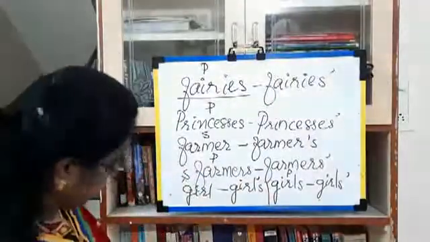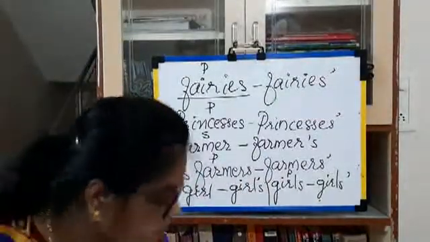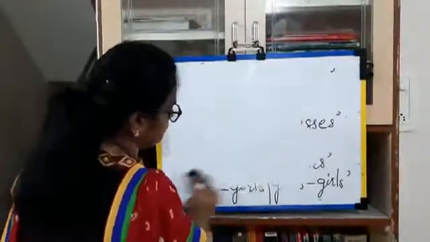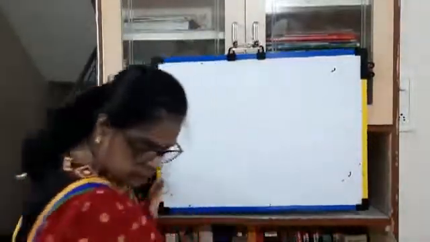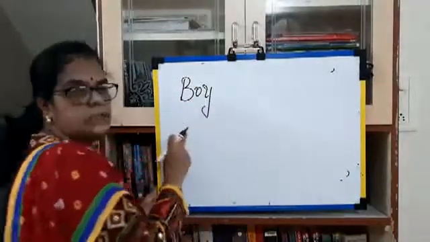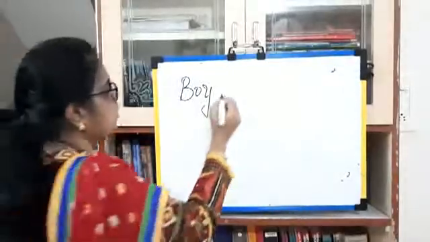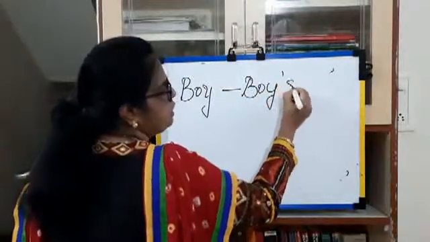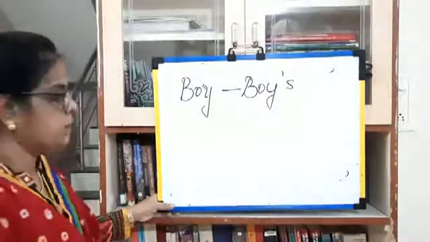Okay, again I explain it. See, boy, this is a singular word. Okay, where do we put it? Before the s, apostrophe.